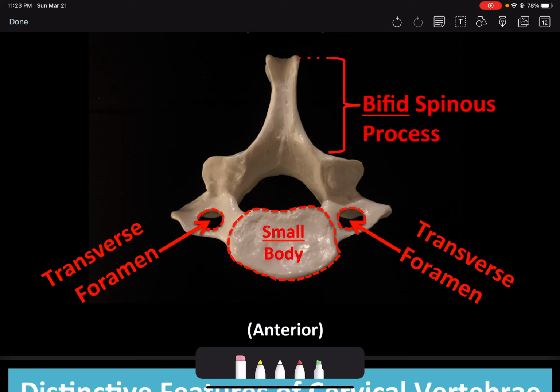Because as these vertebrae are stacked upon themselves, each individual vertebra has less and less load to carry, right? It's the vertebrae right at the very bottom that has the most load to carry, but as we go higher and higher, we have less and less load to carry, until finally, the cervical vertebrae only have to worry about carrying the load of the skull.